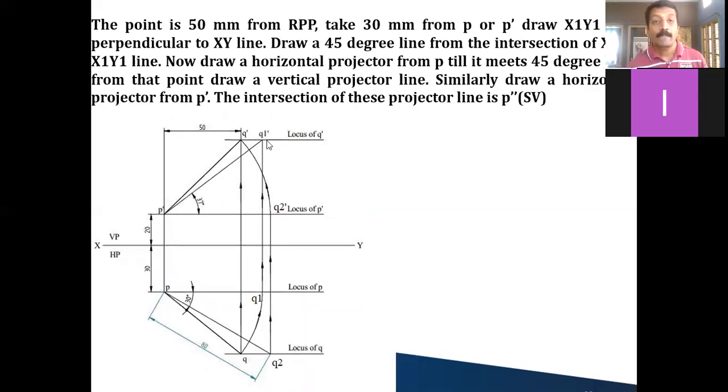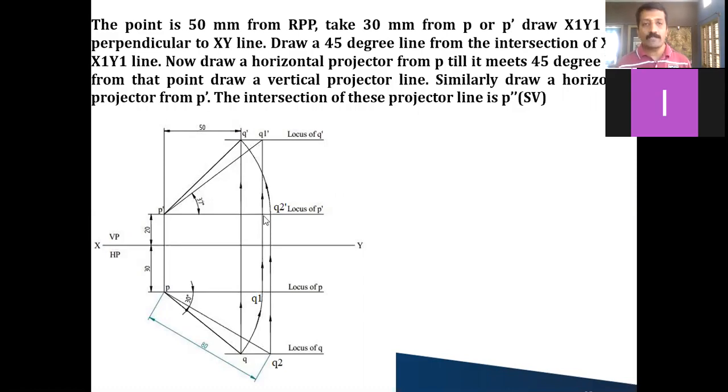How to draw the true length diagram in the front view? So you know the top view. The 80 millimeter we already know, so from P dash directly I can cut the locus of Q dash and I'll get the true length diagram. Okay. How to get it through the procedure? PQ is the apparent length, that is the top view. With P as the center and PQ as the radius, you cut an arc till it cuts the locus of P. Call this Q1.